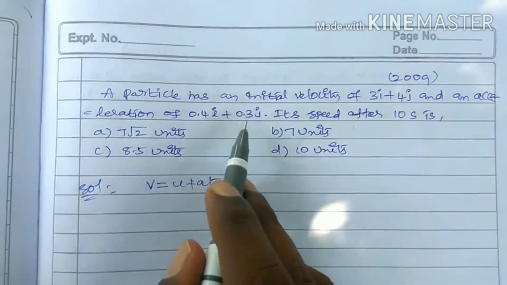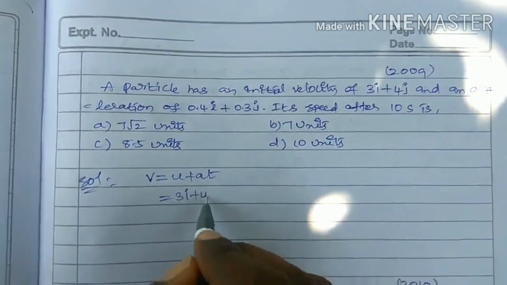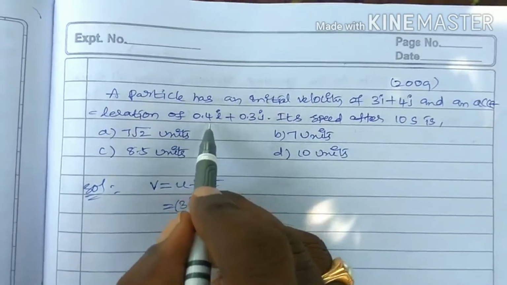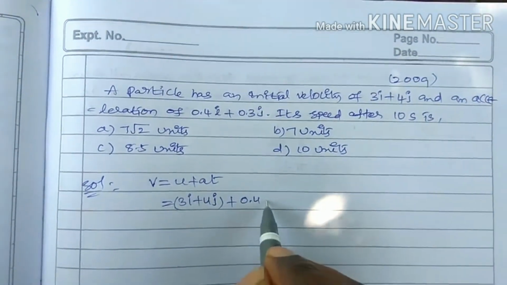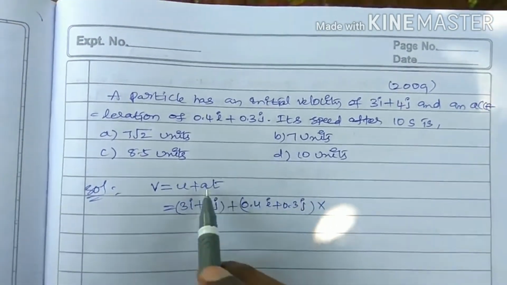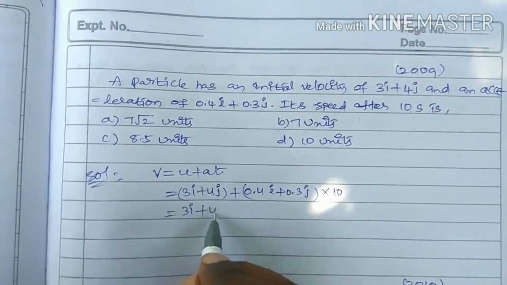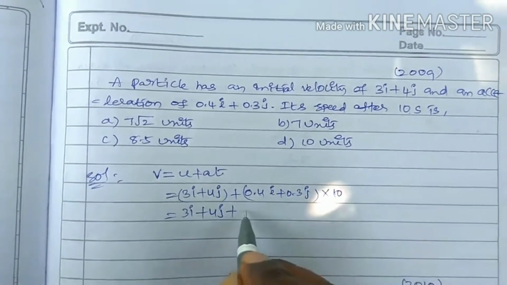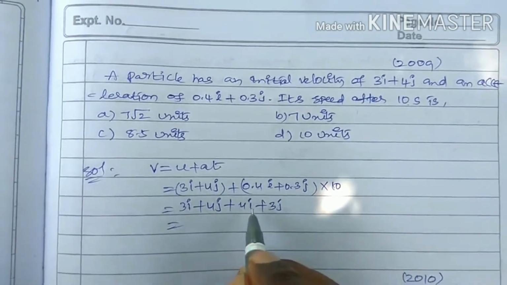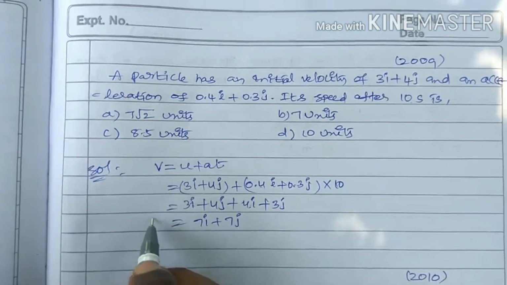The initial velocity is given as 3i plus 4j, plus the acceleration 0.4i plus 0.3j into t, where time is 10 seconds. So it is 3i plus 4j plus 0.4 into 10, 4i, plus 0.3 into 10, 3j. That is 3i plus 4i, 7i, and 4j plus 3j, 7j. So this is v.